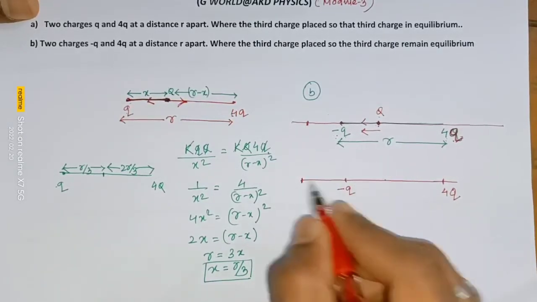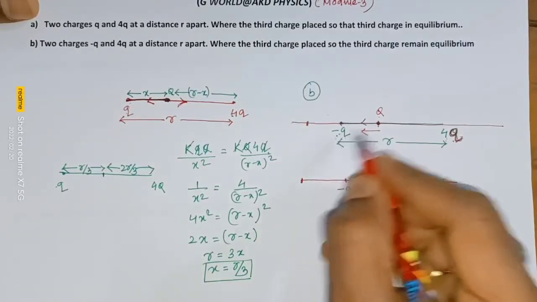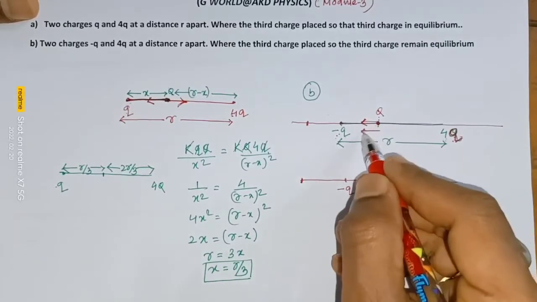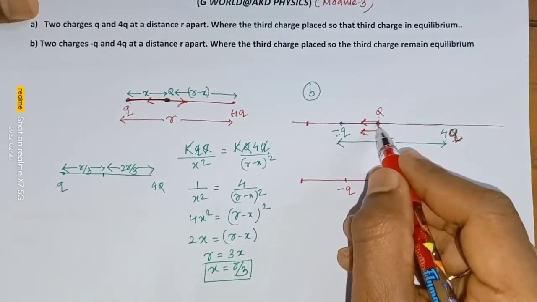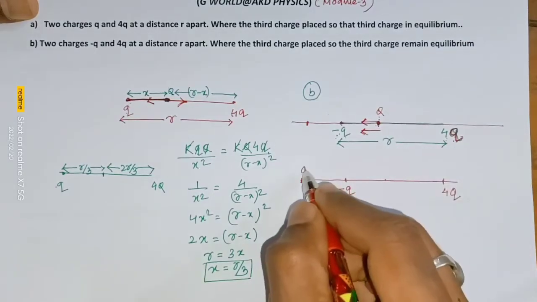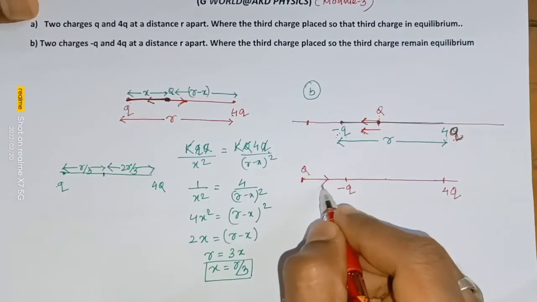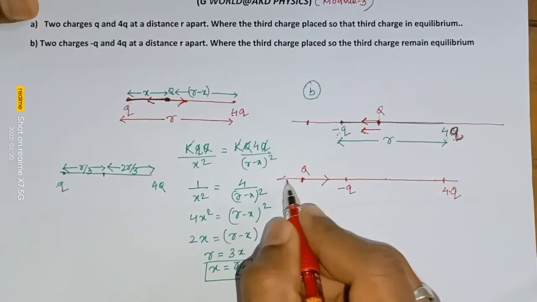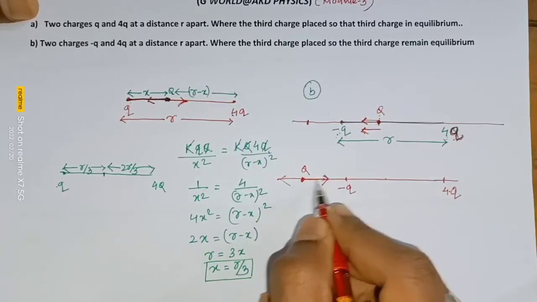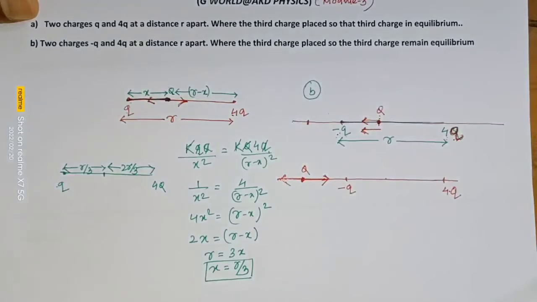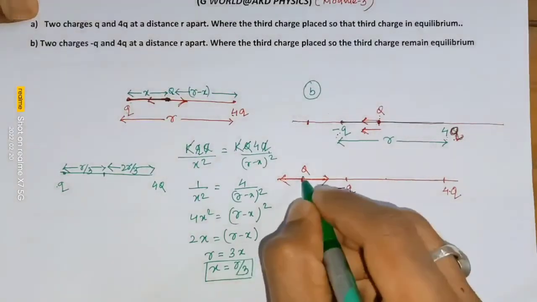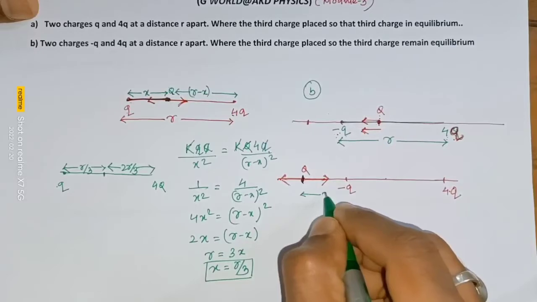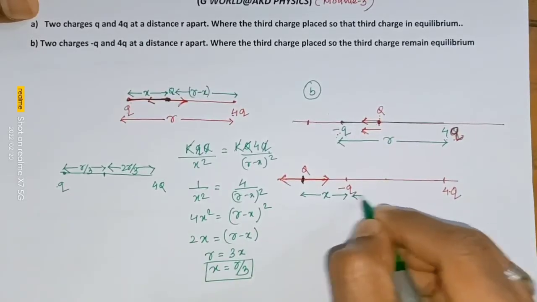At this other point, negative and positive attract, and the positive one repels, so these two forces balance each other and the net force is 0. As the point lies outside, we consider this distance as x.